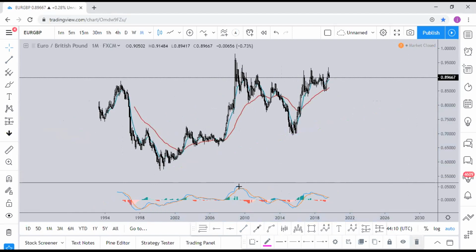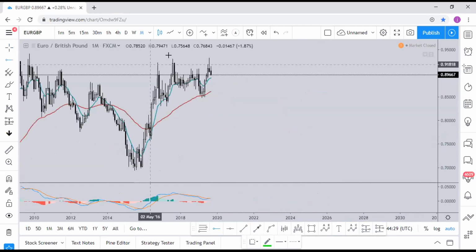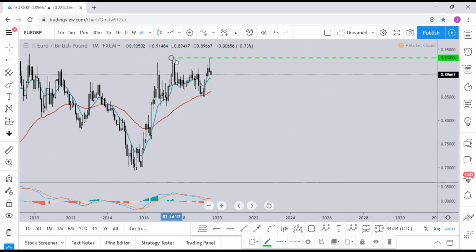That is an uptrend, but you don't want to focus on what price did 20 years ago. You want to focus on what price is doing now. So zoom in on this area. And if you want to draw a trend line, I'd say draw it here. Yeah, that's perfect. That's exactly how I would do it.